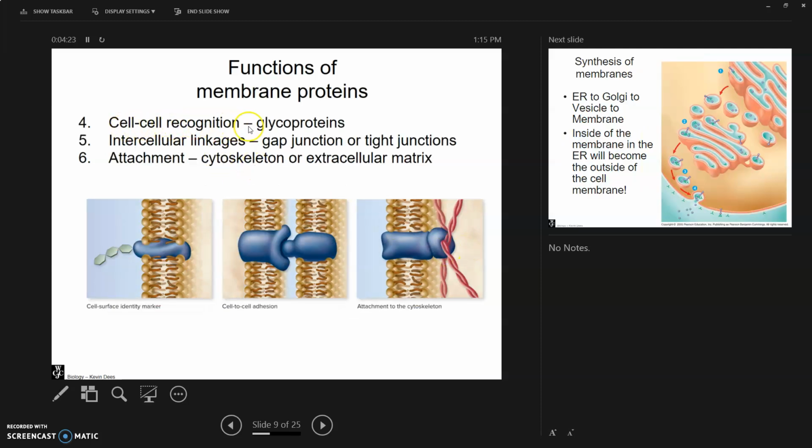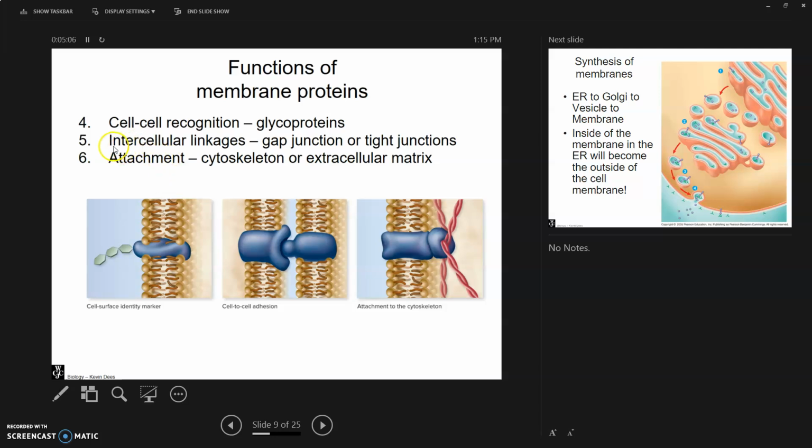Sometimes we find these cell-to-cell recognition proteins, like these glycoproteins. These are how our bodies identify self, right? And your immune system recognizes these self patterns of these glycoproteins and tells them that they're different when, for instance, a bacteria gets into your body and your immune system wants to attack it. If you remember the lecture that we had on viruses, viruses are able to attack a very specific host cell by mimicking that lock and key with these cell recognition proteins.